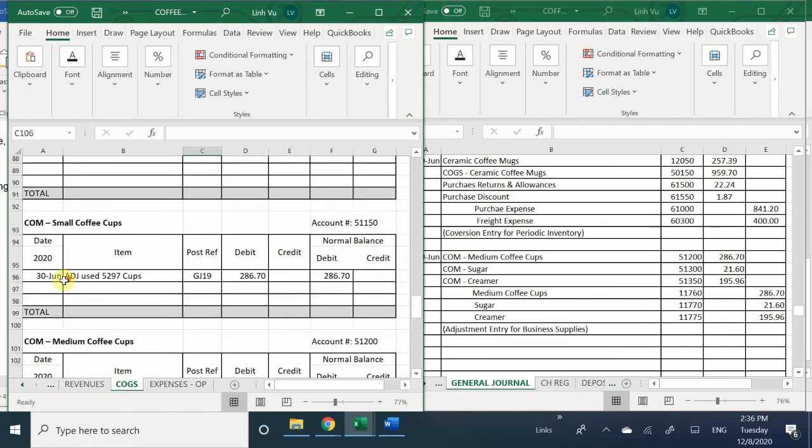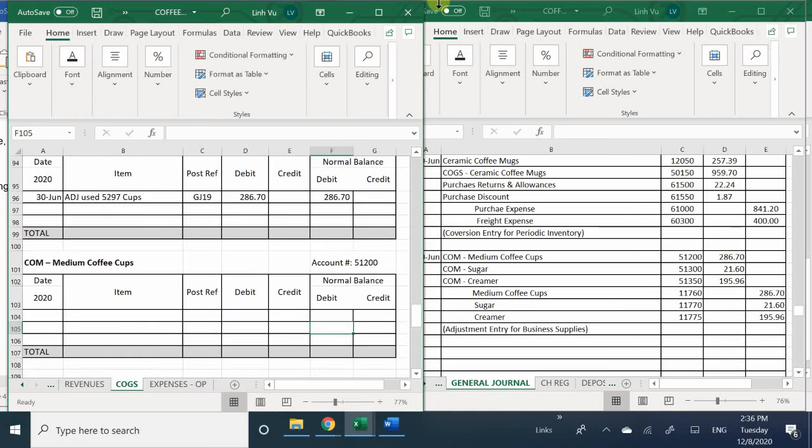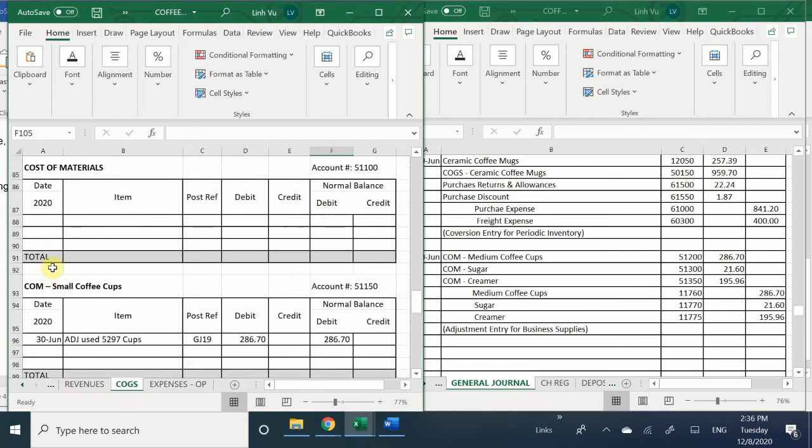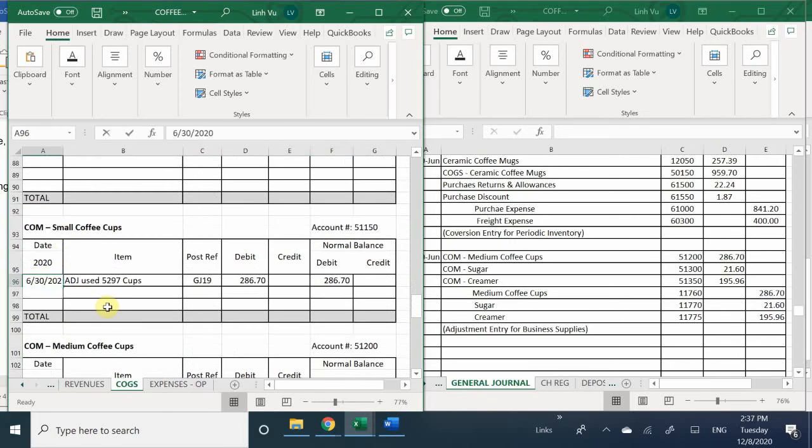Adjustment. Oh no, I've been filling the wrong one. Hold on. So cost of materials. Okay, so I filled out the wrong one.